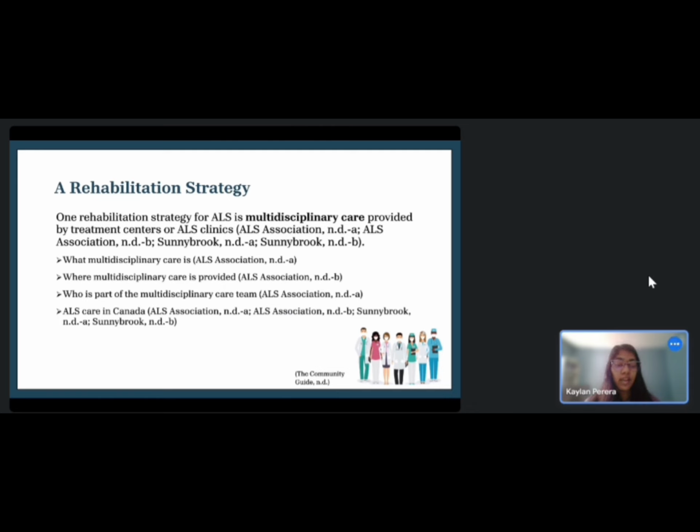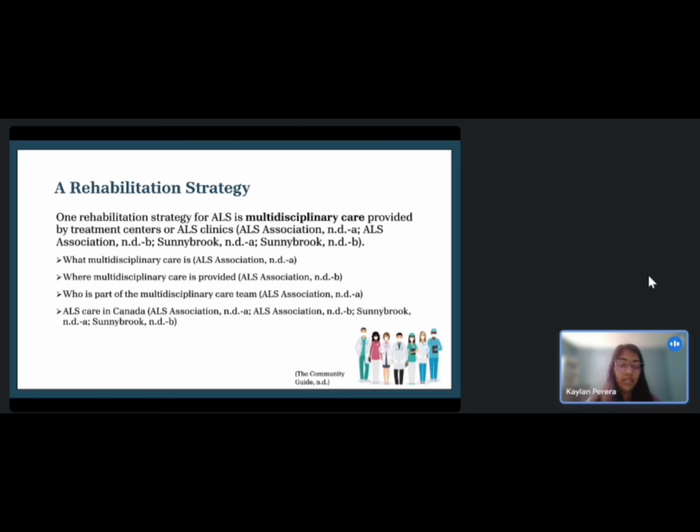So as you can see, the multidisciplinary care team has a lot of professionals, and this is because ALS patients have many areas that are impacted when they have the disease. So they need help in many different areas of health.